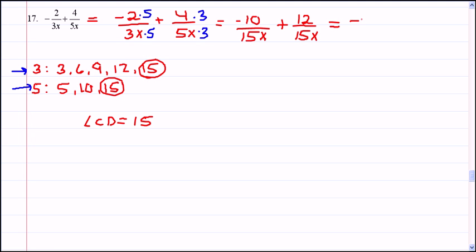Denominators are the same, so I have negative 10 plus 12 over 15x, so the final answer is 2 over 15x. 2 and 15 do not reduce, so this is your final answer.